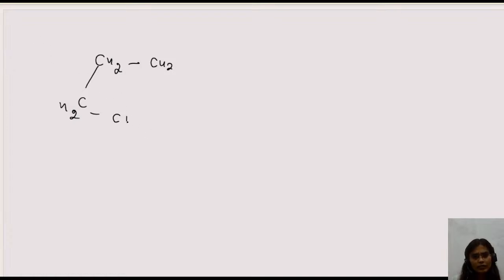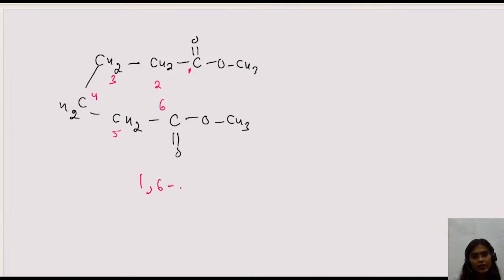Yes, you can, but then the ring size is going to be affected. The five-membered ring is very stable, so that's why we are using five-membered. Otherwise you can use any number of carbons. Let's count: one carbon, two, three, four, five, six carbon. So it's a 1,6-diester, like at position one and position six an ester group is connected.